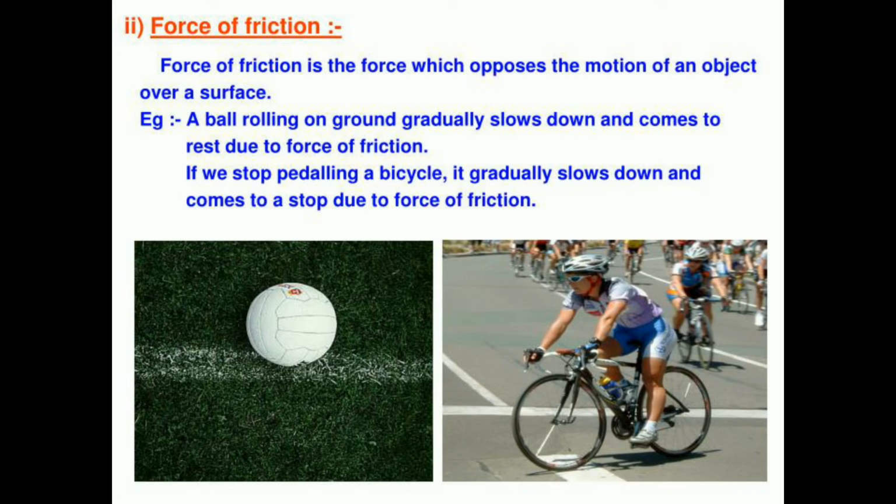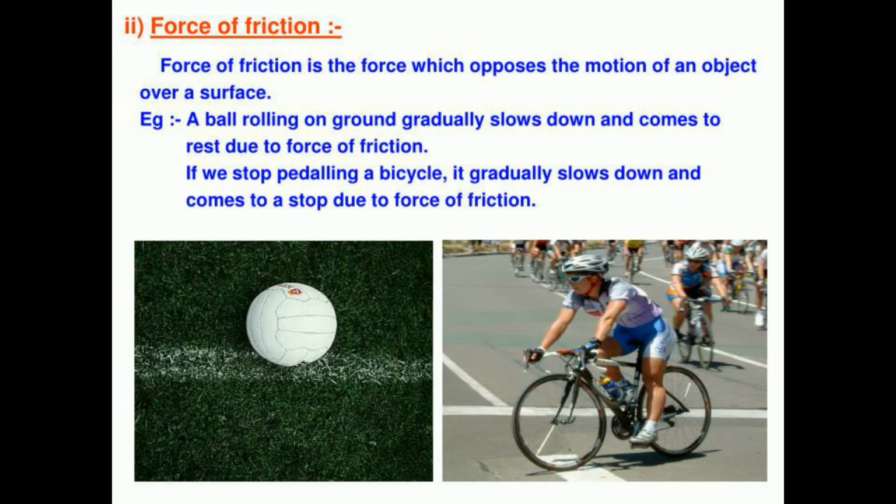So, the frictional force can be defined as the force which always opposes the motion of one body over another body, and is called frictional force or simply friction. It arises only when the surfaces of two objects are in contact with each other. Therefore, frictional force is an example of contact force.